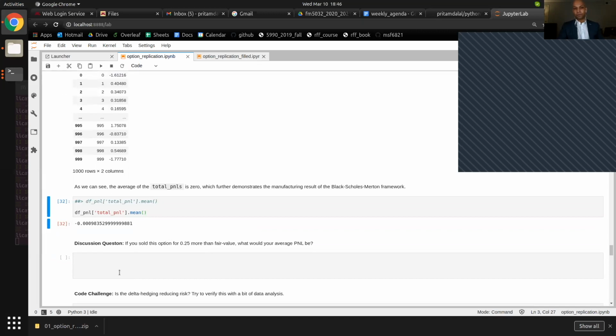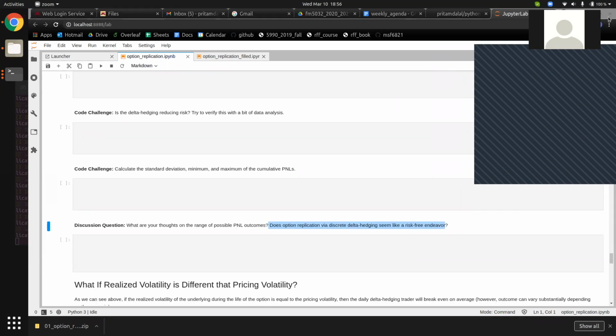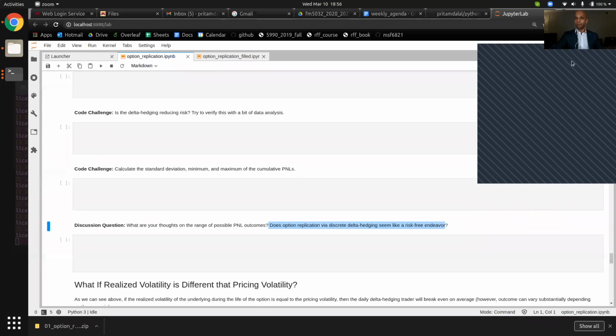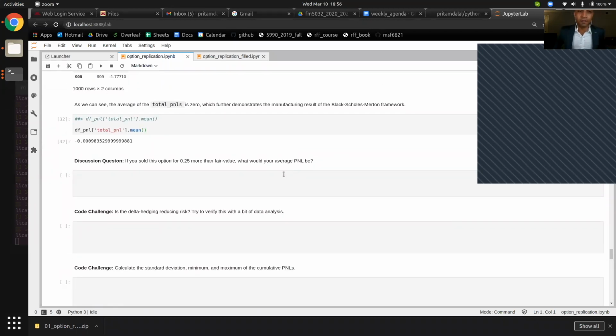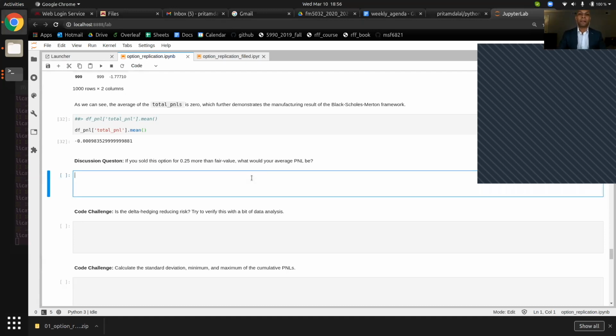So here's a discussion question for you. If you sold this option for 25 cents more than fair value, what would the average P&L be here? All right, guys. So we'll just talk through some of this, and I won't be mean and try to force you guys to speak. Just intuitively, by the way the question is worded, if you sell an option for 25 cents more than quote unquote fair value, your average P&L should be 25 cents, right?